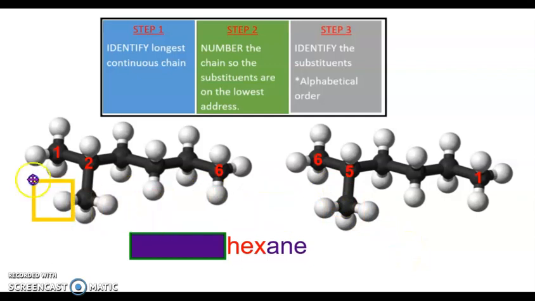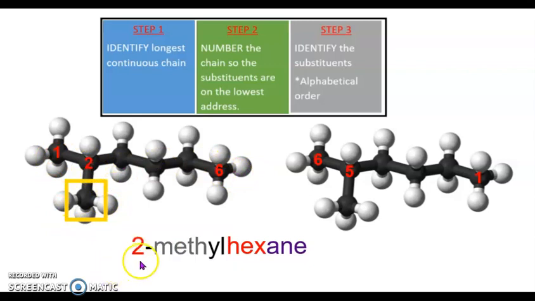The correct way of numbering would be from left to right because it puts the branch on the 2nd carbon. So we put our address, number 2, dash, meth, because our branch has 1 carbon. The yl is telling us it's a branch, and then there's no space between the methyl and the hexane, which is our parent chain. So this would be called 2-methylhexane.